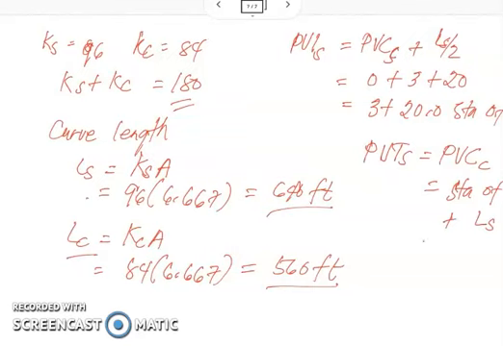So this is 0 plus 6 plus 40. So we have here 6 plus 40. This is the station of PVT for the sag vertical curve and PVC for the crest vertical curve.